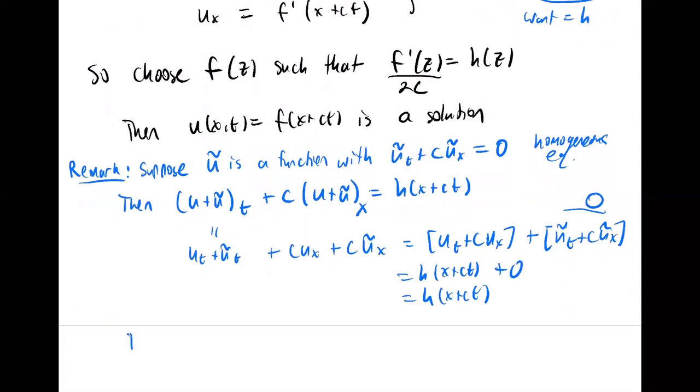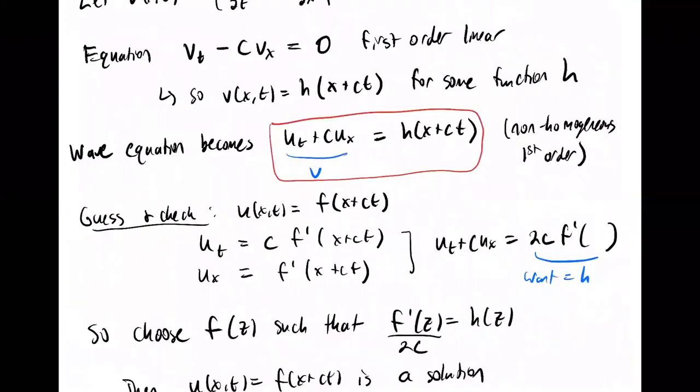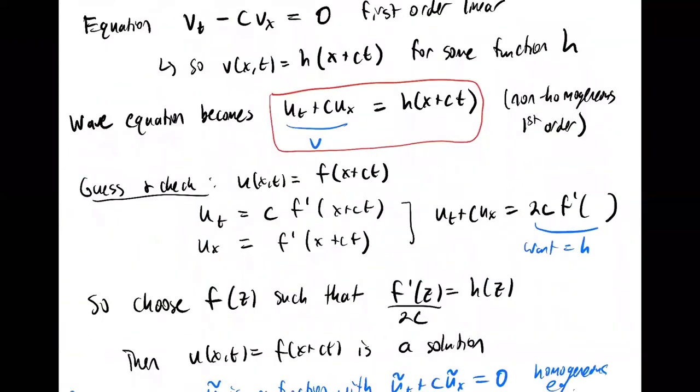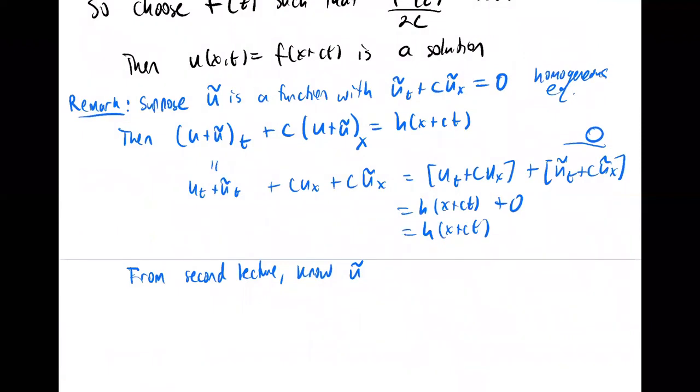And so from the second lecture, well, we know that this u tilde is a solution to the PDE, derivative with respect to t plus c times derivative with respect to x is equal to 0. Well, we know that the general solution for that was some function g of x minus ct, for some g, right?